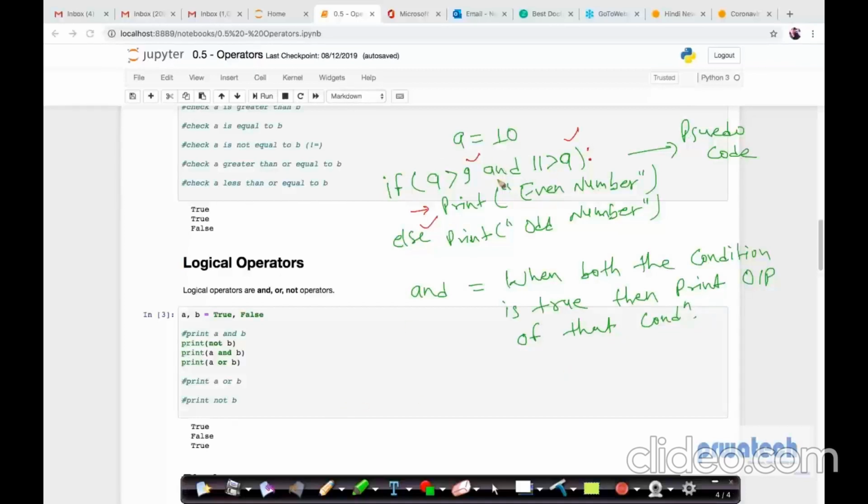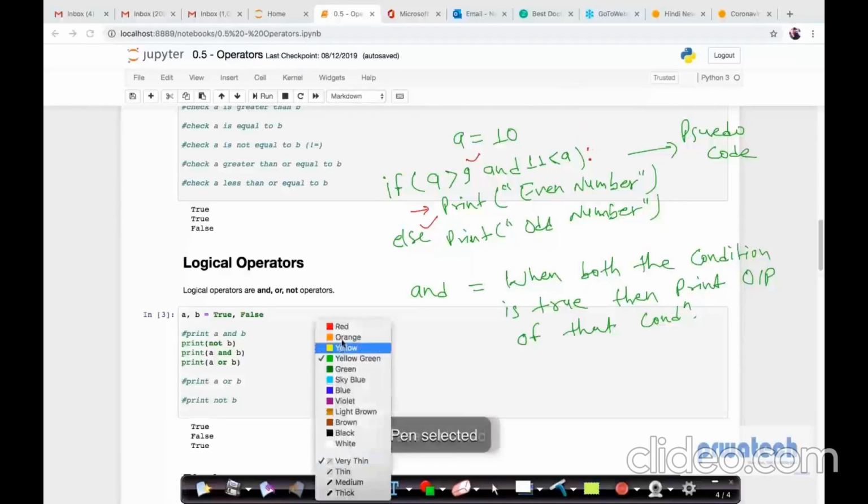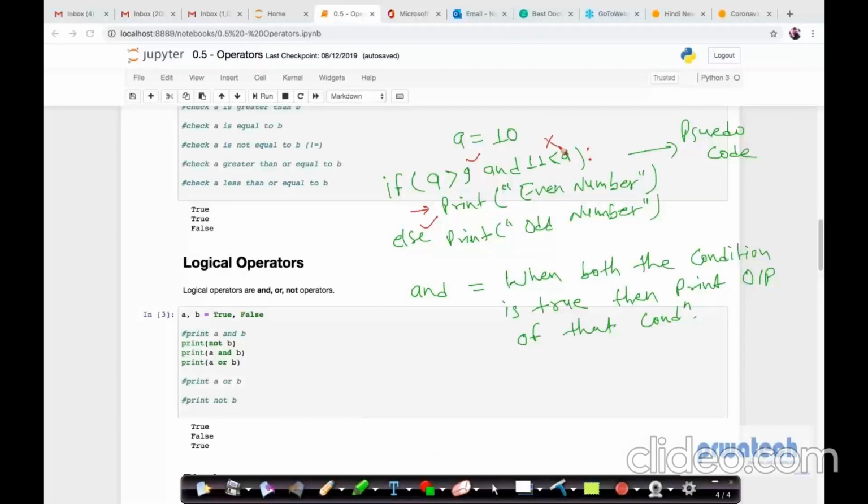But if I just change this operator, and now I say if 11 is less than a, same thing, I just changed this condition. So this is right, but this is wrong. The first condition is right, but the second condition is wrong. So whenever it finds one condition is wrong, it will not execute this line.